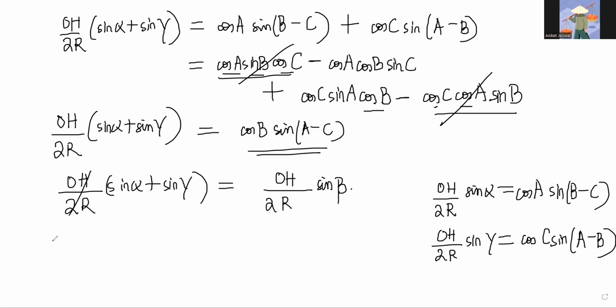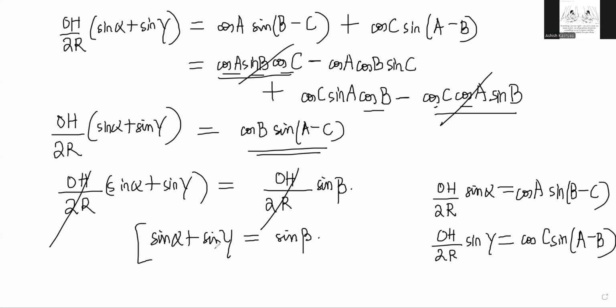Sin alpha plus sin gamma is equal to sin beta. Very nice, we are getting this situation happening. Now we have to try to prove that equation from here. The geometry part of the question is done.